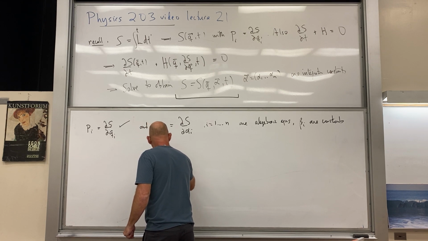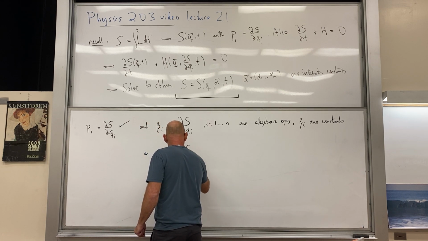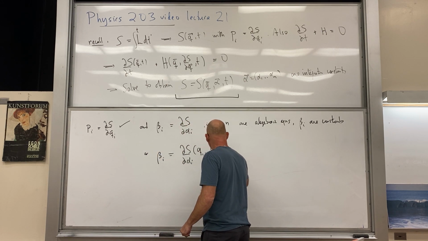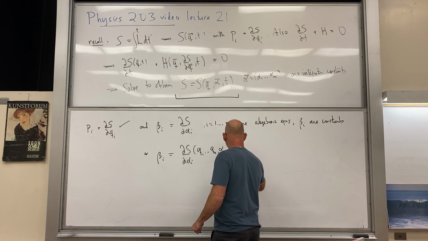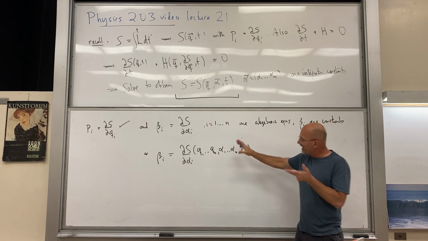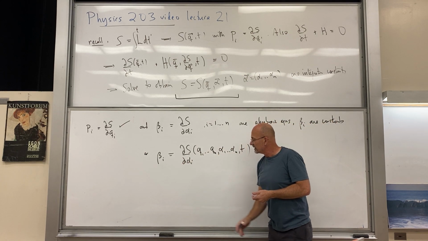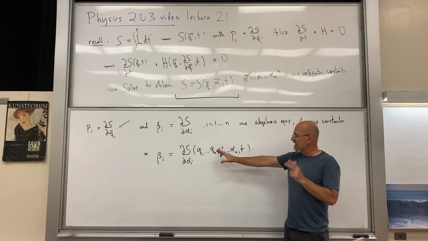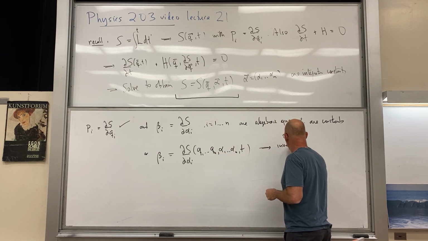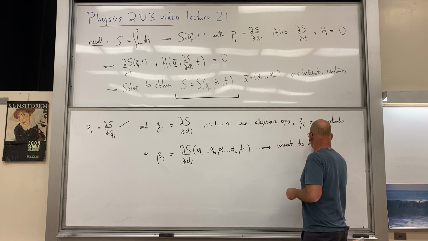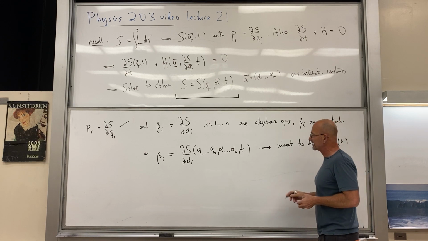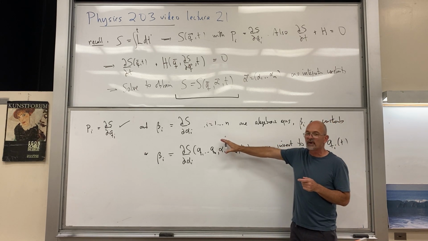So beta sub i equals dS/d alpha sub i of q1 to qn, alpha sub 1 to alpha sub n, and t. So you have a bunch of algebraic relations now. If you can invert these, then you're lucky. Then you actually have the solution. So invert to obtain q sub i of t. This is what you end up with, a bunch of algebraic relations.